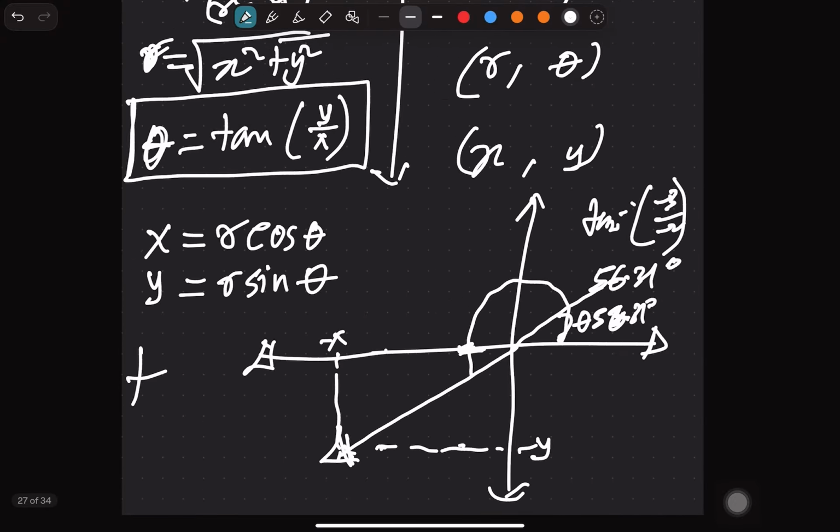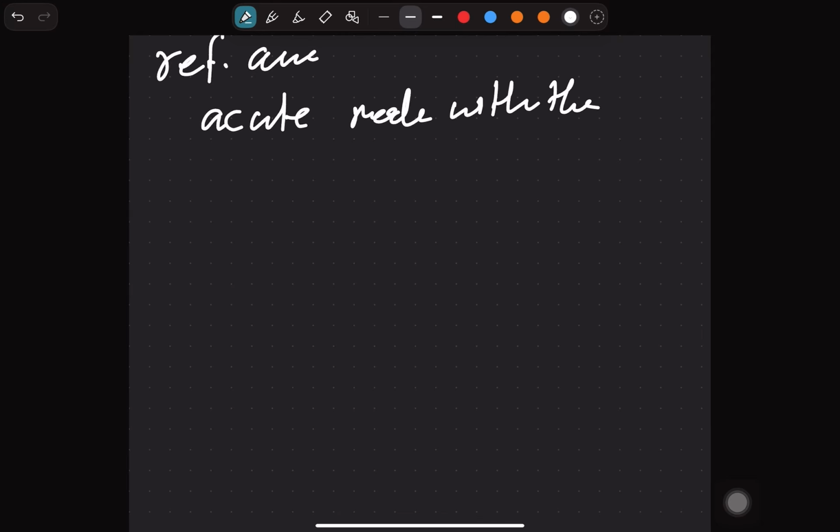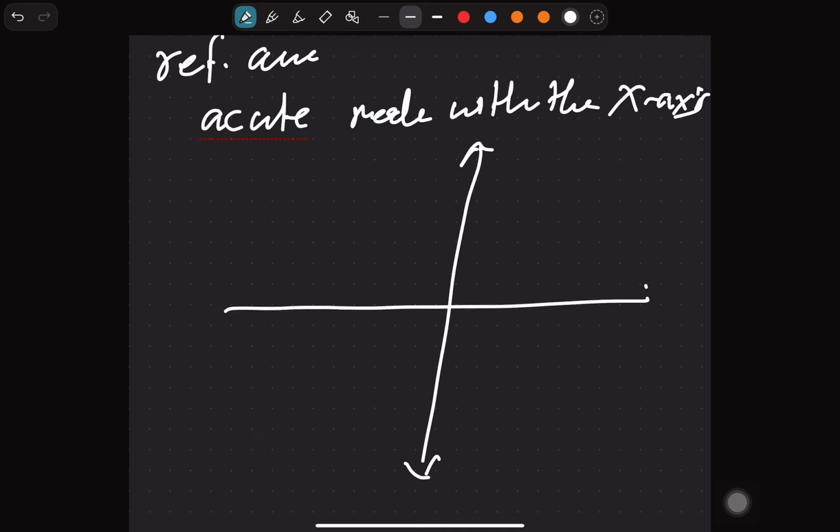So first, let's find that reference angle. It is the acute angle made with the x-axis. Then from where the complex number is, you know what to do with that reference angle to get the actual angle you are looking for.